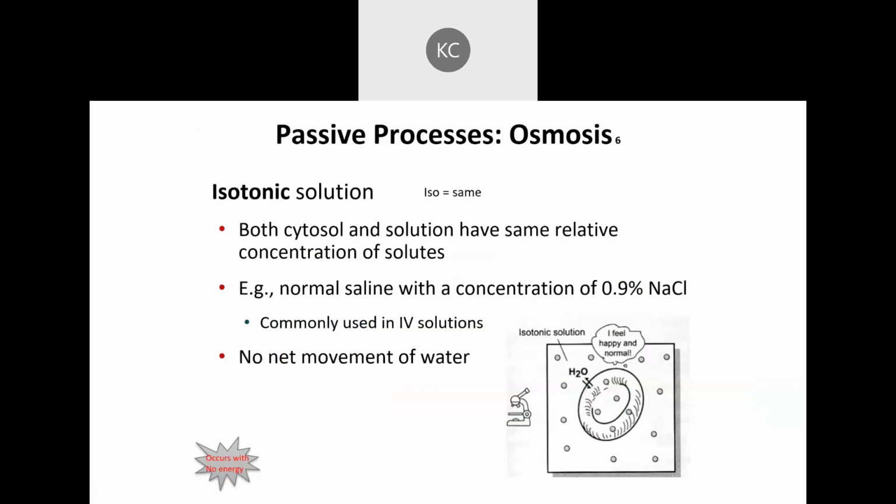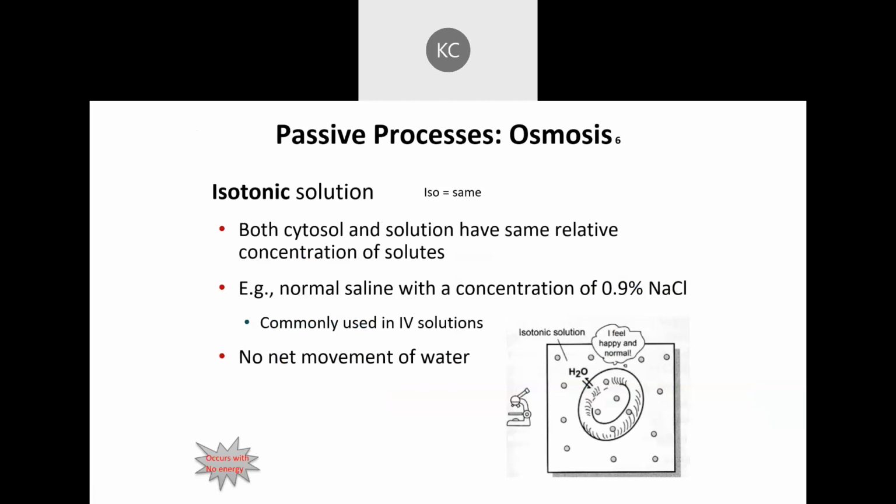So talking about this idea of osmosis and the osmolarity or the tonicity. Okay. So there's three different types here. There's isotonic, hypertonic, and hypotonic. Okay. Now, what we're talking about here is the concentration of solutes inside the cell relative to the concentration of solutes outside the cell.